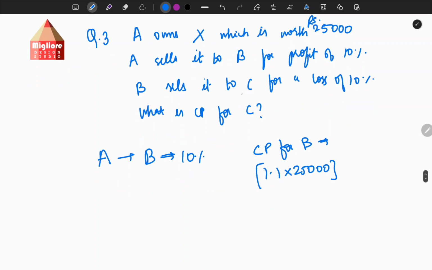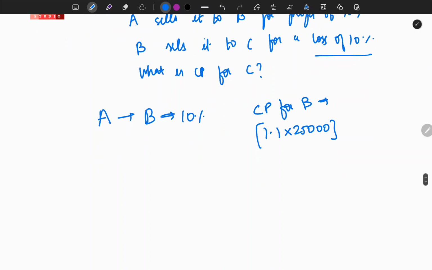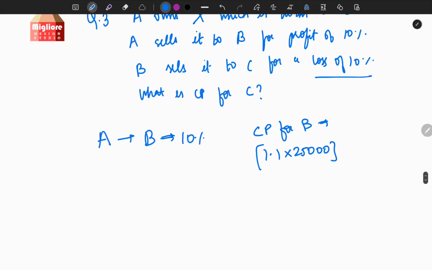Now B sells it to C for a loss of 10%. So your 10% loss translates to 0.9 into price, which is 90% of your cost price, what he sold it to C for.